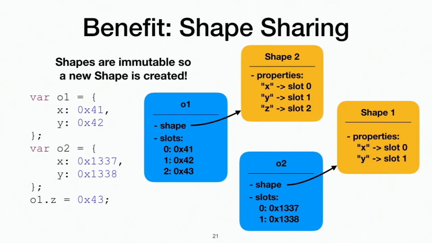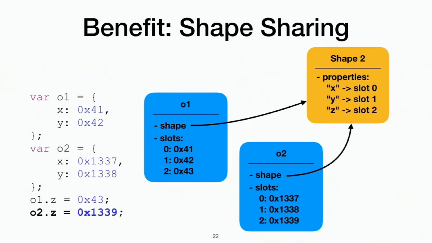The one important property here is that shapes are essentially immutable. That's following from the fact that they are shared. So then next, if we were to add this third property also to the second object, then again they can share the shape. There's some clever mechanisms that make this work efficiently, but this is essentially how it works.